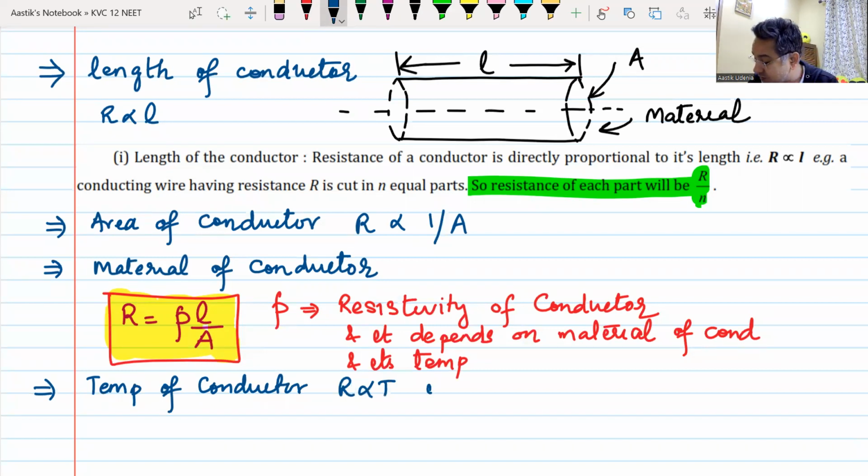If temperature increases, resistance increases. Have you noted down till here? No, sir. Okay, then I'll give you 2 minutes to note it down.